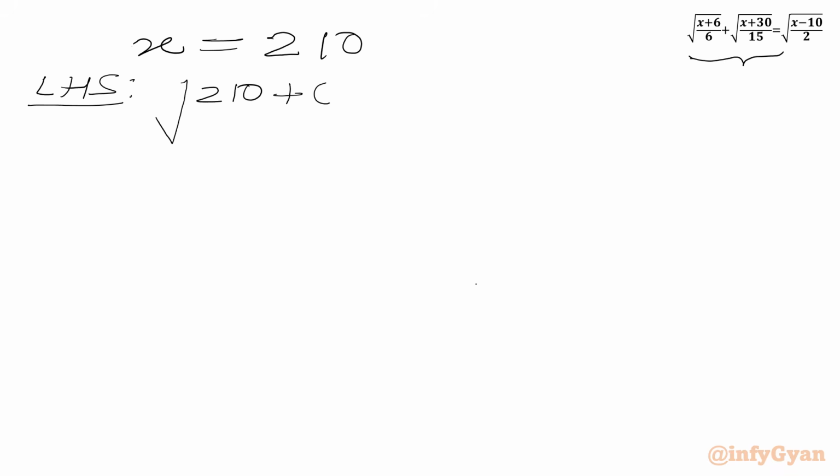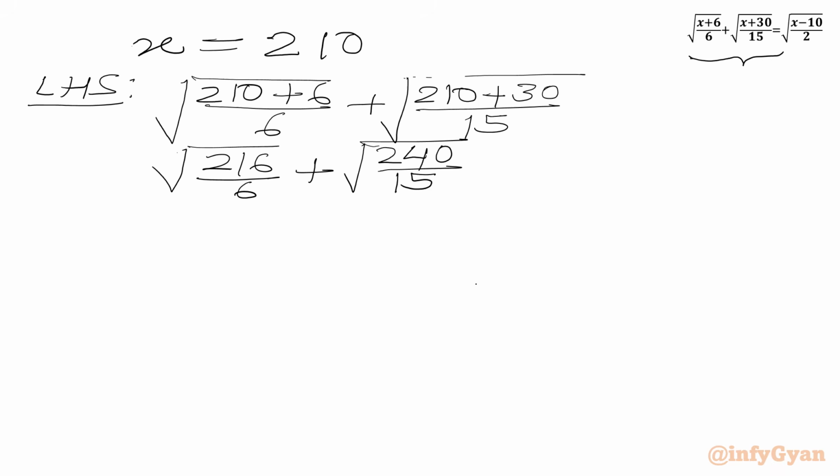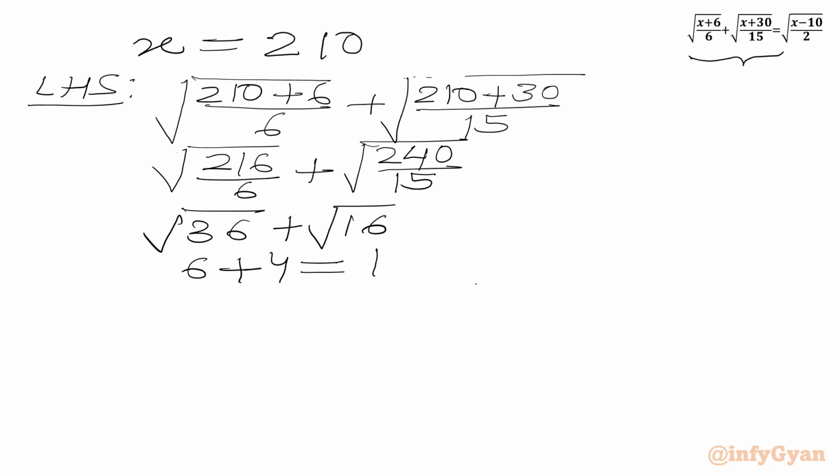So 210 plus 6 over 6 plus square root of x plus 30 over 15, 210 plus 30 over 15, will be equal to 216 over 6 plus square root of 240 over 15. 216 is 6 cubed, so we will cancel one 6 from the denominator and we will write here 6 square, so square root of 36, plus 240 over 15 is 16, will be equal to 6 plus 4. So our LHS is 10.